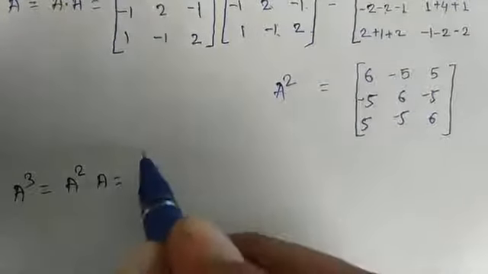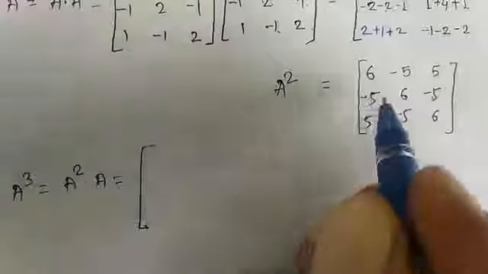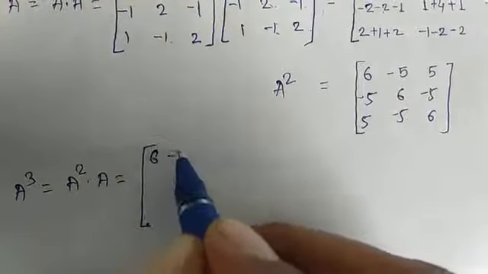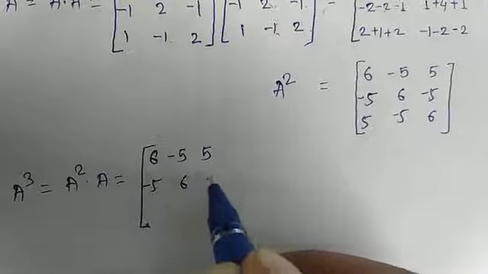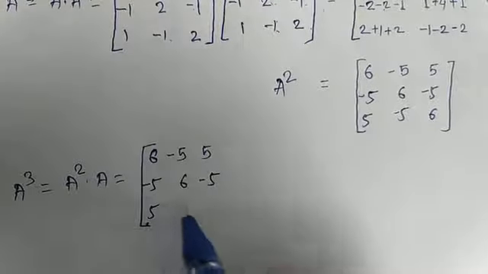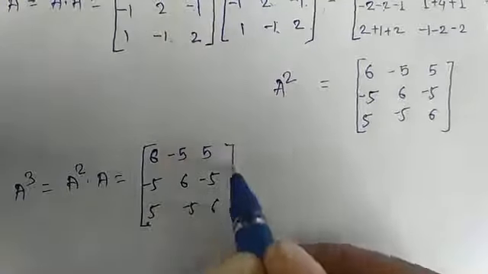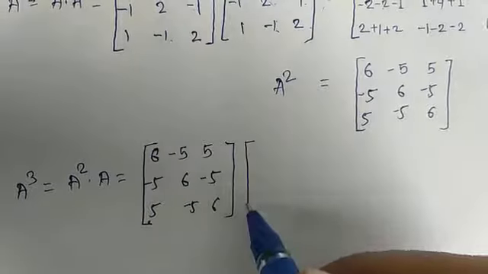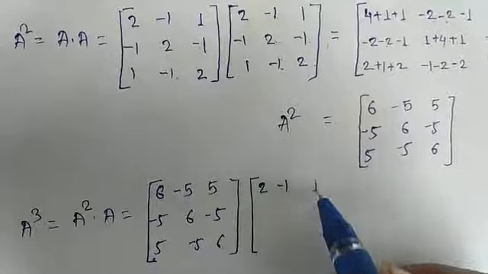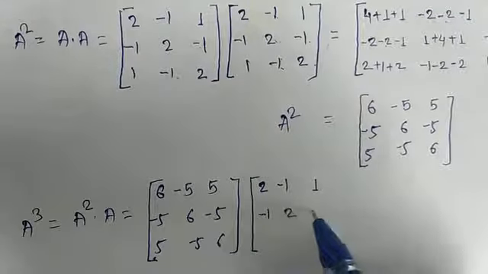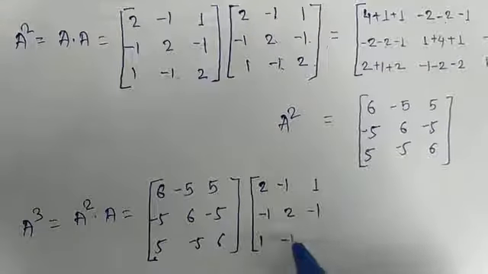So our matrix is of the form, here A square is 6 minus 5 5, minus 5 6 minus 5, 5 minus 5 6. Okay. Into matrix A, which is 2 minus 1 1, minus 1 2 minus 1, 1 minus 1 2.